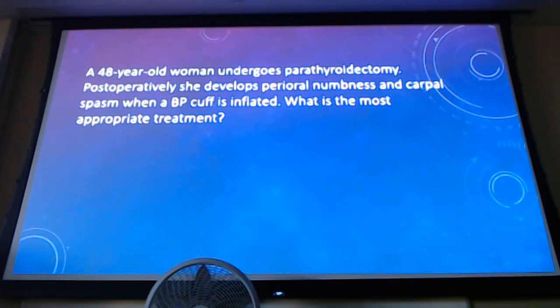IV. Right? She's symptomatic. Oral takes a while and it may not absorb as well. What type of calcium do you think we're going to give her? Gluconate. IV calcium gluconate.